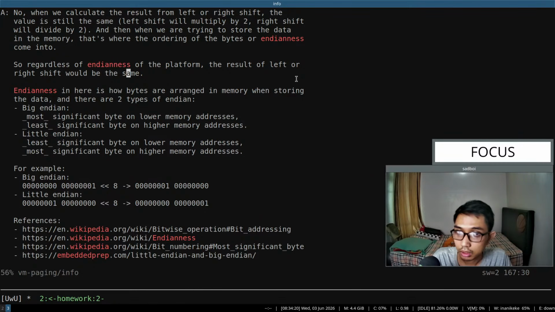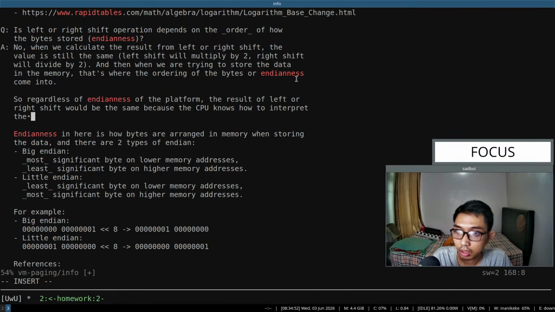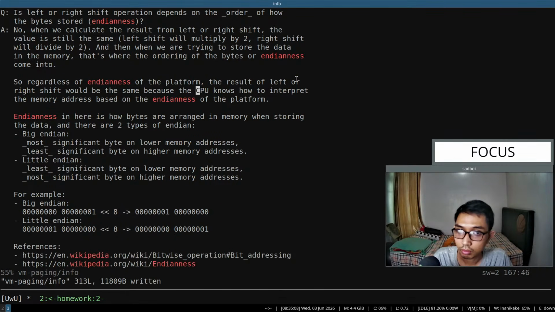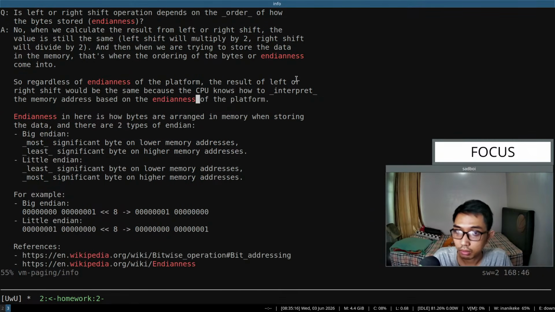Alright, would be the same. Okay. Same because the CPU knows how to interpret the memory address, I guess, based on the endianness of the platform.